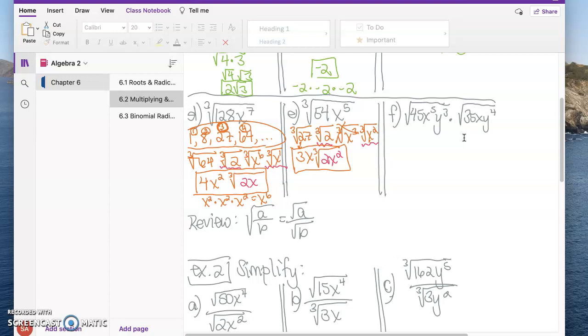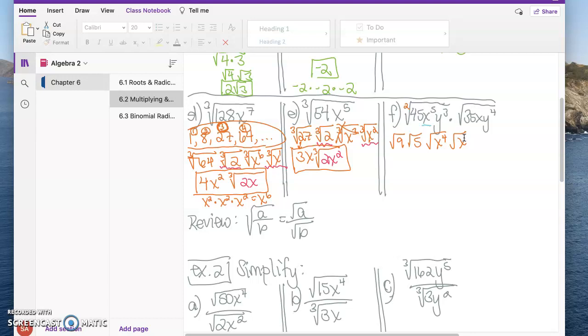So these are square roots, so I'm looking for a perfect square. 9 is a perfect square that goes into 45. And then since it's a square root, I'm looking for multiples of 2. So let me color code this again.